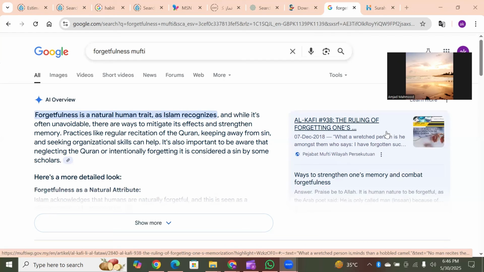Another aspect of forgetfulness is that within the salah, while you are reciting, you forget which salah you are in. Have I performed Fajr or Zuhur? Have I performed Zuhur or Asr or Maghrib? Which salah have I covered and which have I not covered?